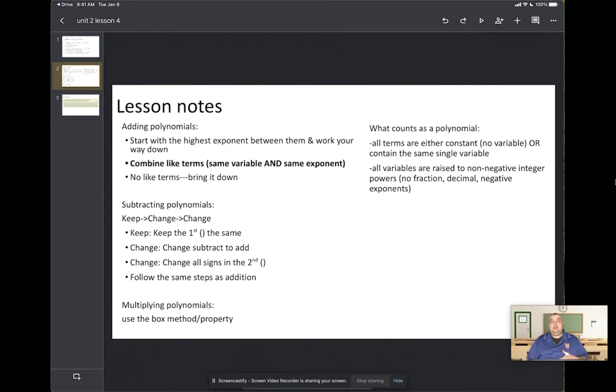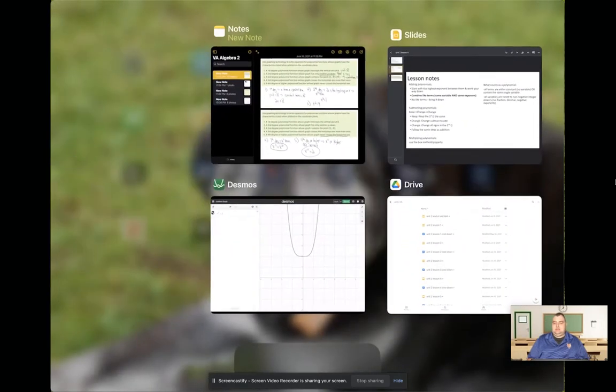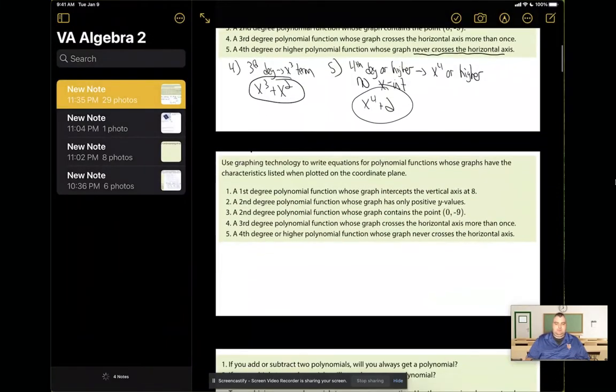So again, all terms are either constant or they contain the same single variable, no multiple variables, and all variables are raised to non-negative integer powers, meaning no fractions, decimals, or negative exponents. With all this in mind, let's take a look at the examples here.